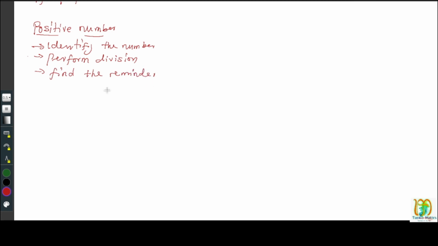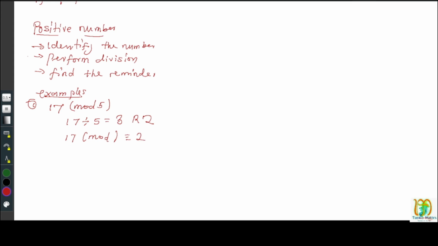Now for examples. Example 1: we are asked to calculate 17 mod 5. This simply means 17 divided by 5, and as in the last class, this gives us 3 remainder 2. That is, 17 mod 5 is congruent to 2.